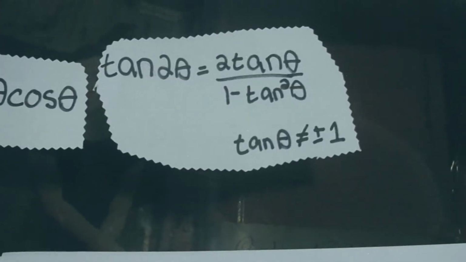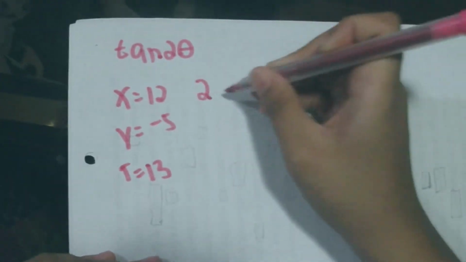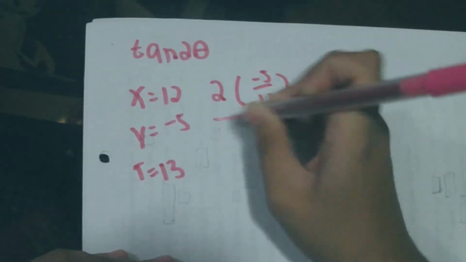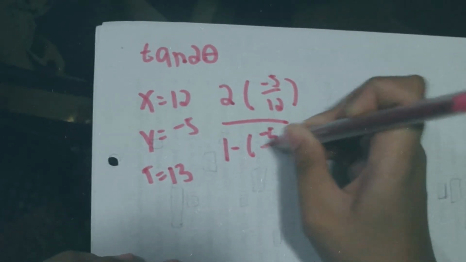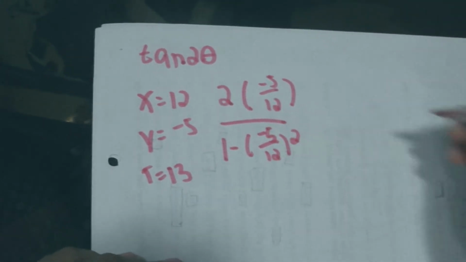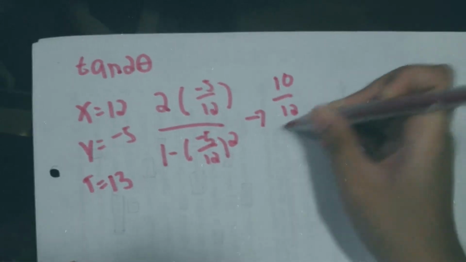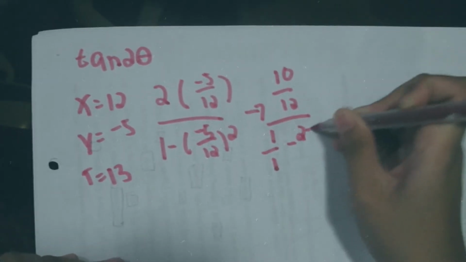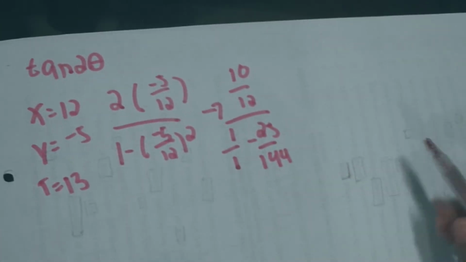According to the formula, tangent 2 theta is 2 tangent theta over 1 minus tangent squared theta. So 2 times negative 5 over 12 over 1 minus negative 5 over 12 squared. So 10 over 12 over 1 minus 25 over 144. Now you need to get the LCD for this.